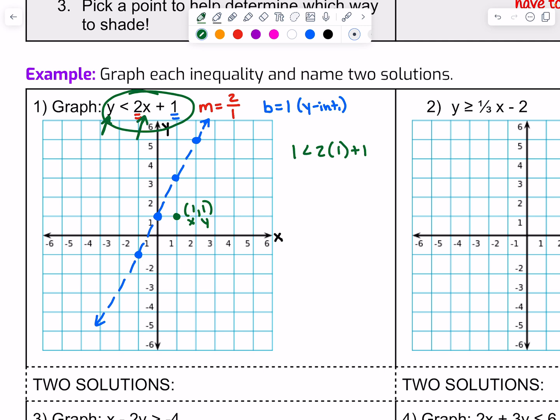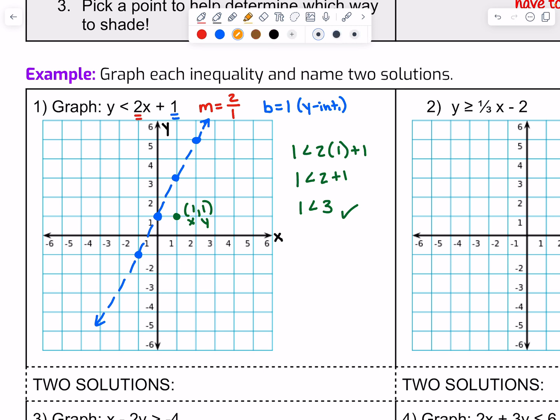And then I have to see if this statement is true. Is 1 less than 2 times 1 plus 1? So 2 times 1 is 2, and then plus 1, so is 1 less than 3? And it is.